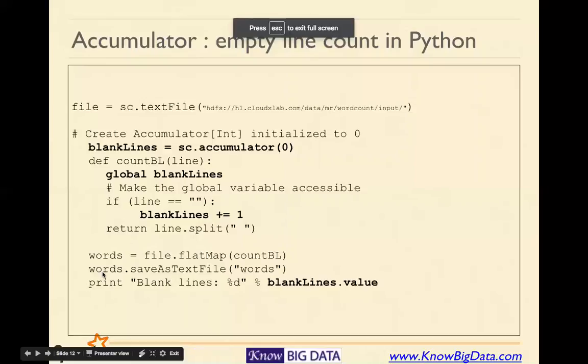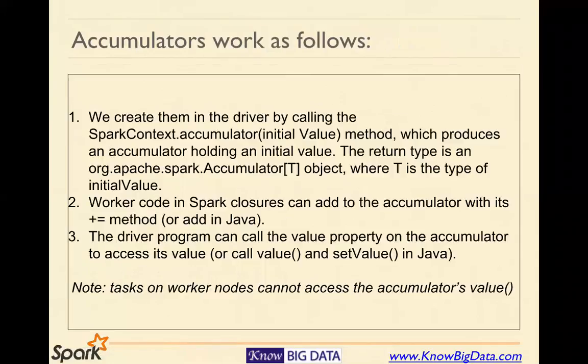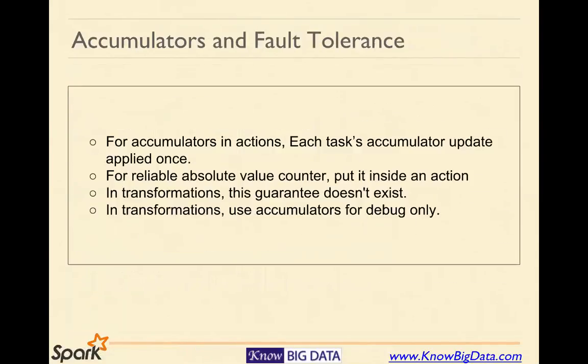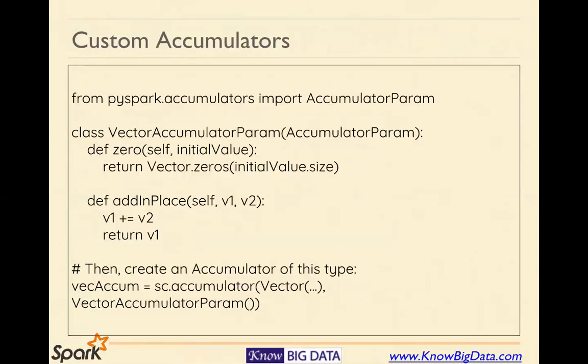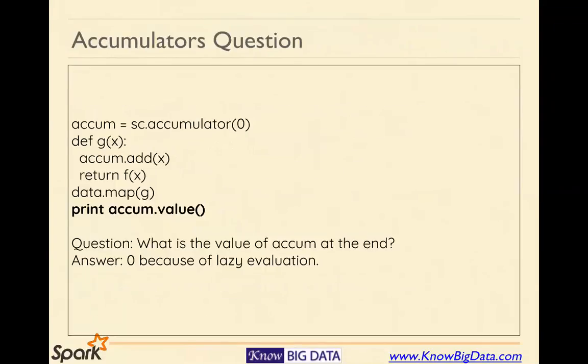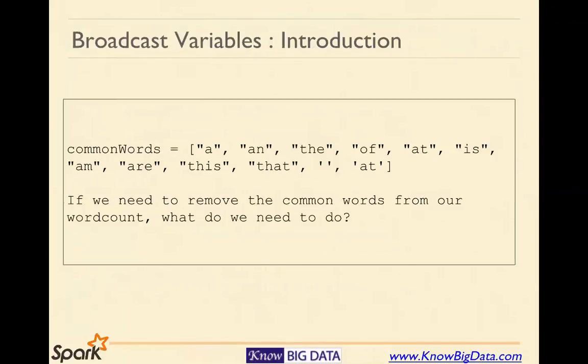That way you will always get an updated value. Just keep in mind that you'll have to create an accumulator class, an accumulator object, and then keep on adding to it. So you can create your own accumulator. That's out of question for now.